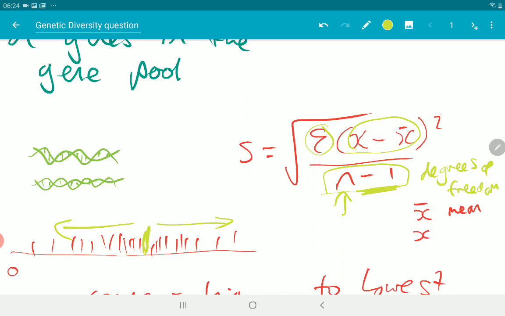So first of all, you have to square them. Then you add them all up, divide by how many there were minus 1, because of the degrees of freedom thing. And then because you squared it, you've got to square root it. And that gives you something called the standard deviation.